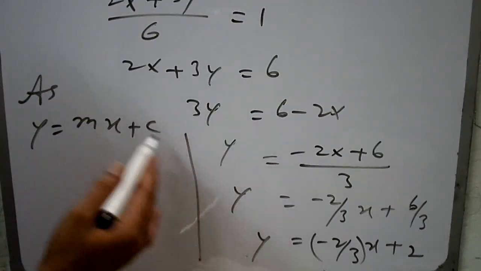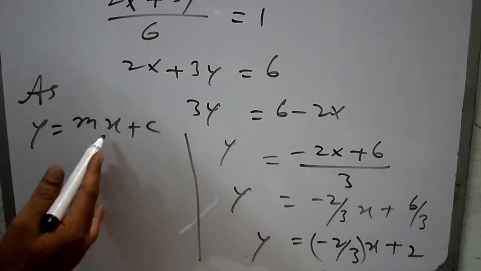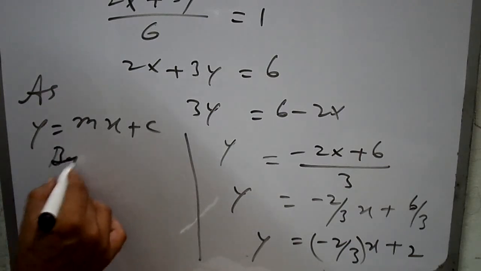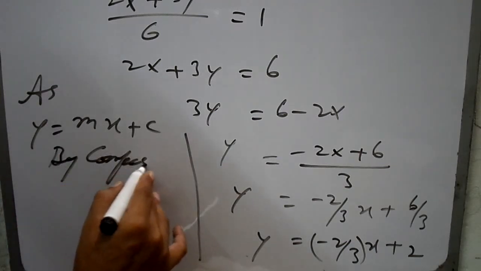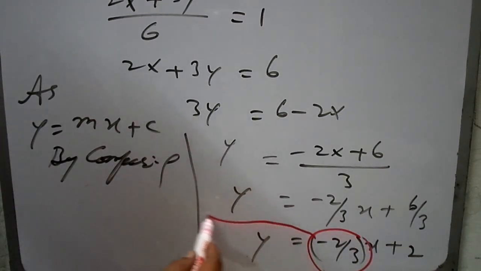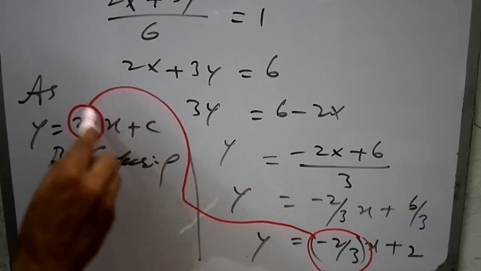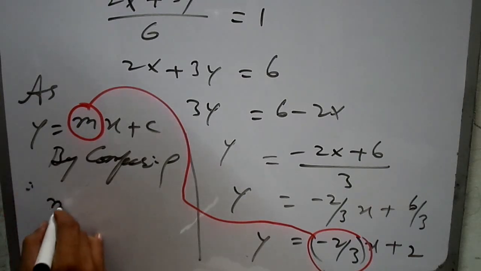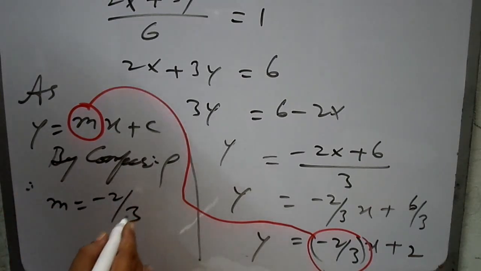As we know, y is equal to mx plus c. If I compare this equation with the basic equation, this one is your m. So by comparing, we can say the slope is equal to minus 2 by 3. This is your question number 8.